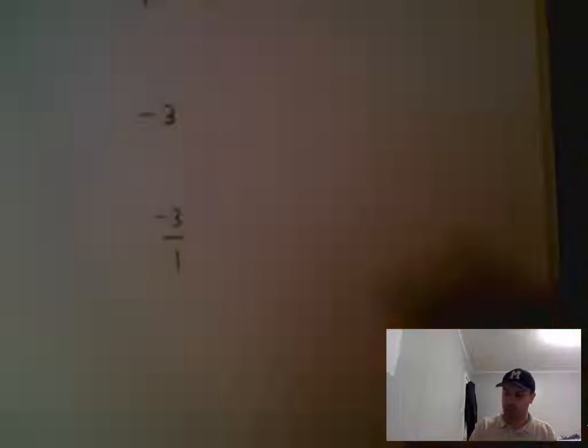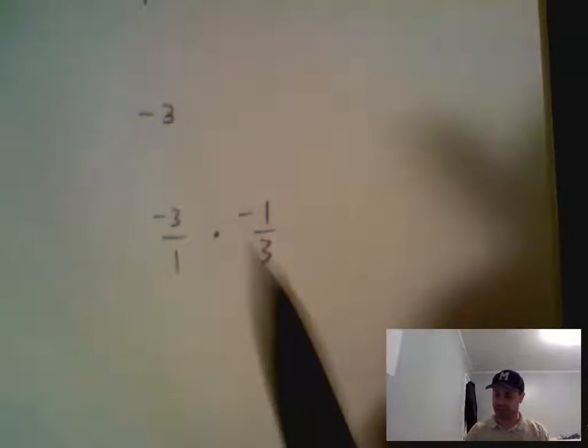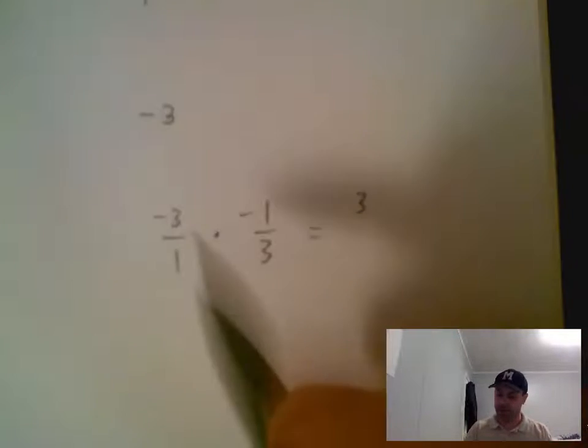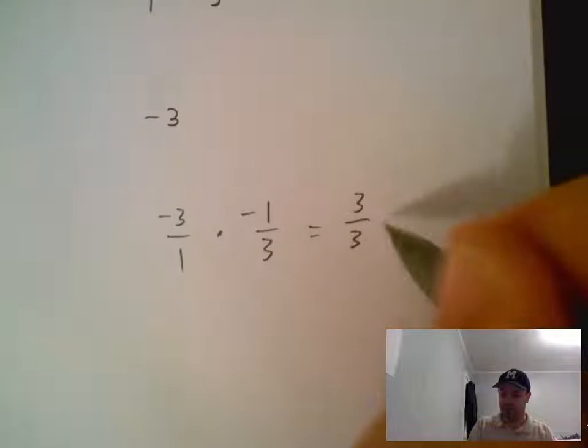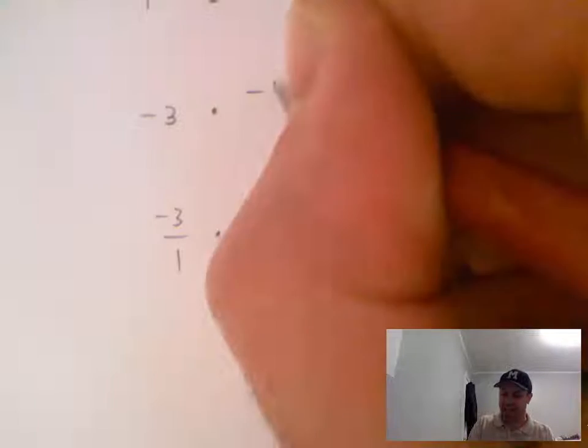So for instance, if you had negative 3, then it would have to be negative 1/3, because the negative times the negative on the top gives you a 3, and the positive times the positive on the bottom gives you a 3, and that's a 1. So the inverse of negative 3 in multiplication will be negative 1/3.